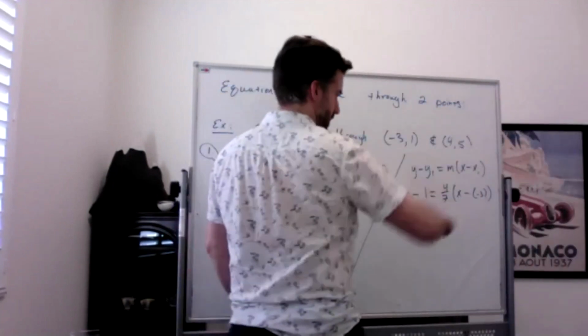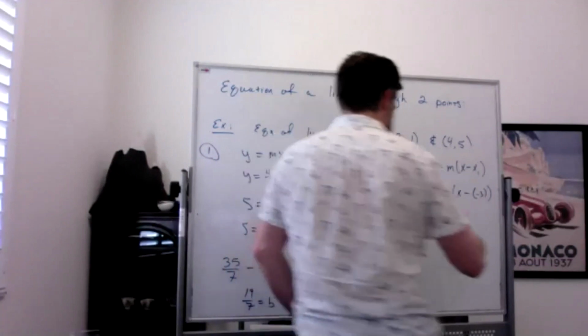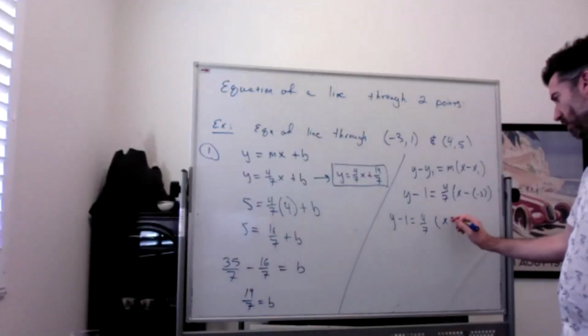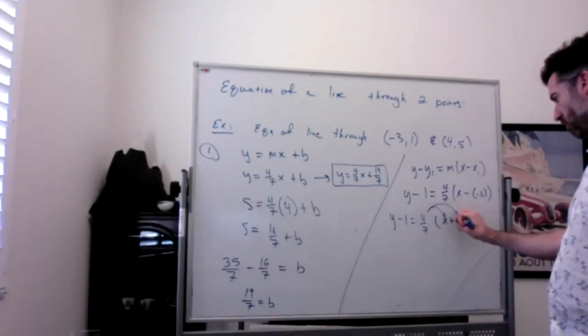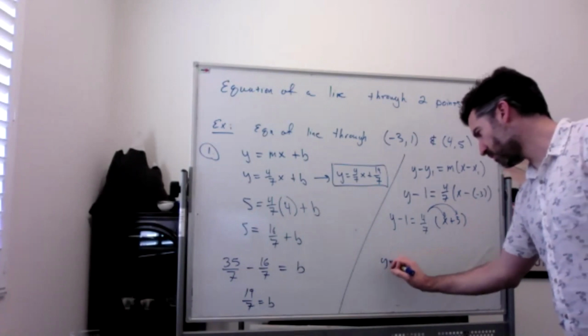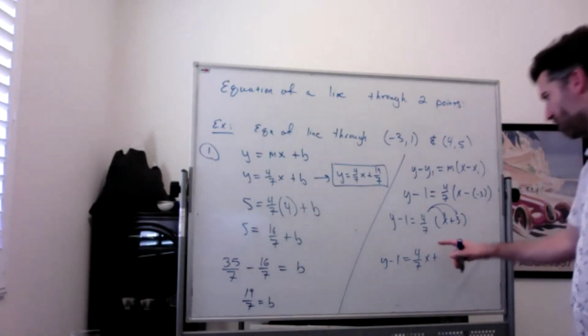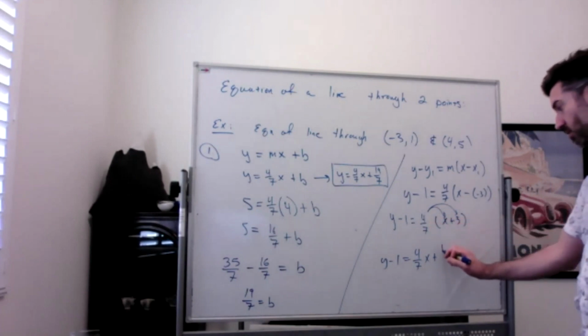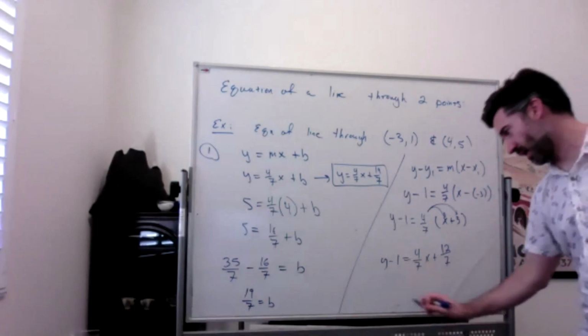First, I'm going to distribute this. So I have y minus 1 equals 4/7 times x plus 3. This distributes to each of those terms. So y minus 1 equals 4/7 x plus 4/7 times 3 is 12/7. And then I'm going to add 1 to both sides.